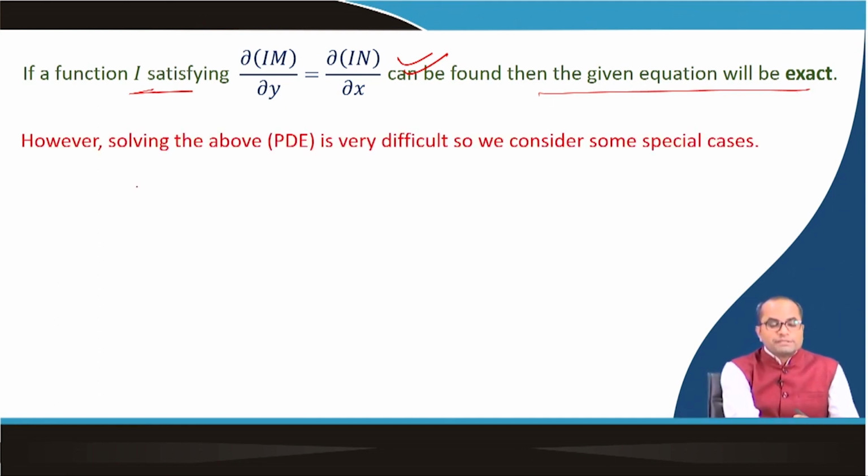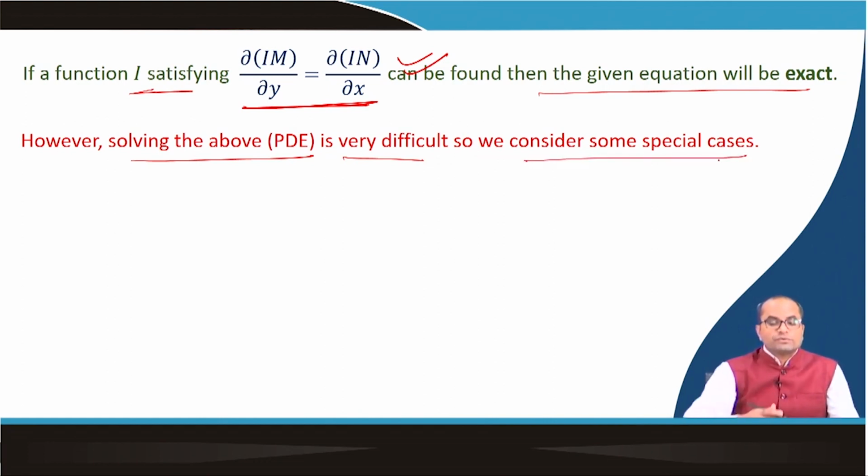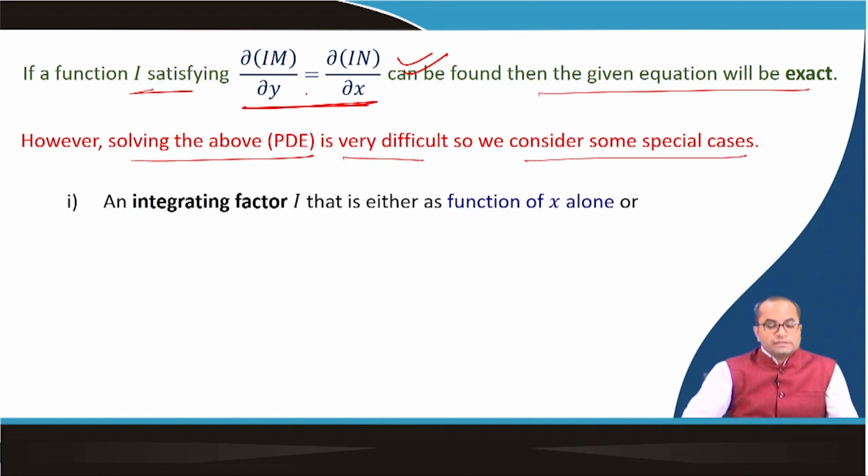But the problem is solving this PDE and finding I out of it, which is very difficult, so we consider only some special cases. We do not want to go into the detail of solving PDEs at this moment. So, we will make things simpler so that we have only ODEs at the end out of this PDE.